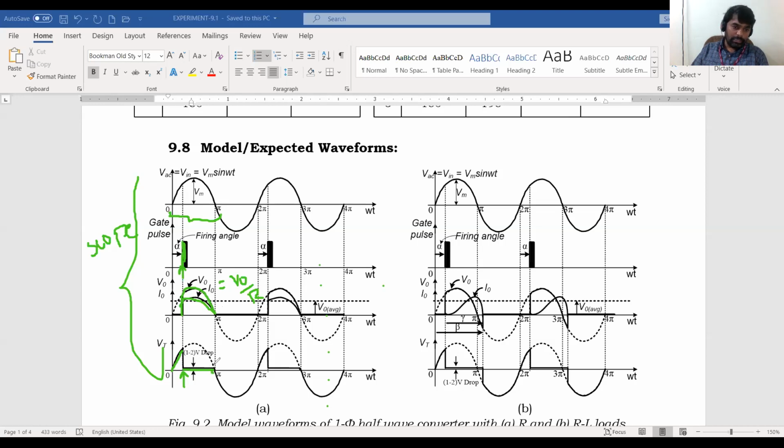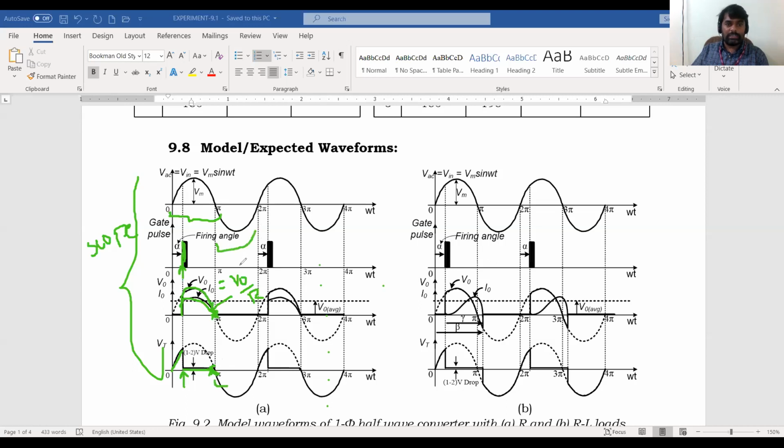At omega t equal to pi, the current flowing through the SCR, which is the same as the load current, becomes 0. The net current flowing through the SCR equal to 0 means the SCR turns off at this point. From pi to 2 pi, you can see the reverse input voltage.